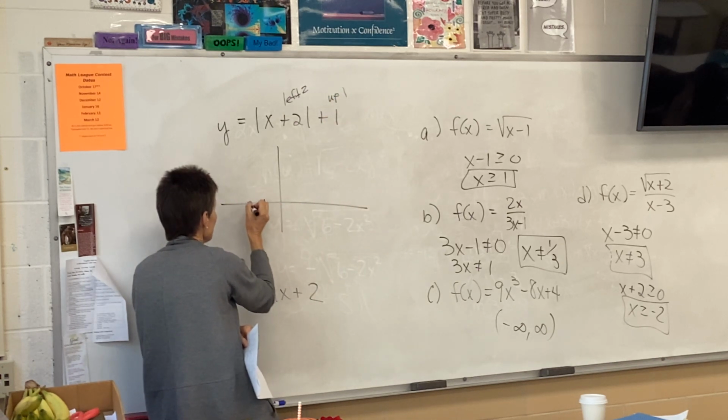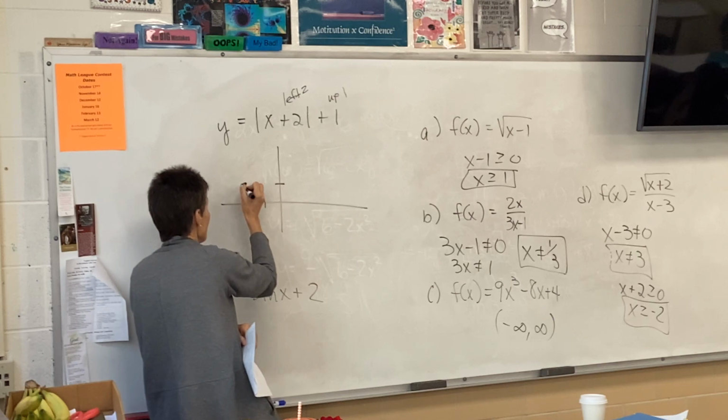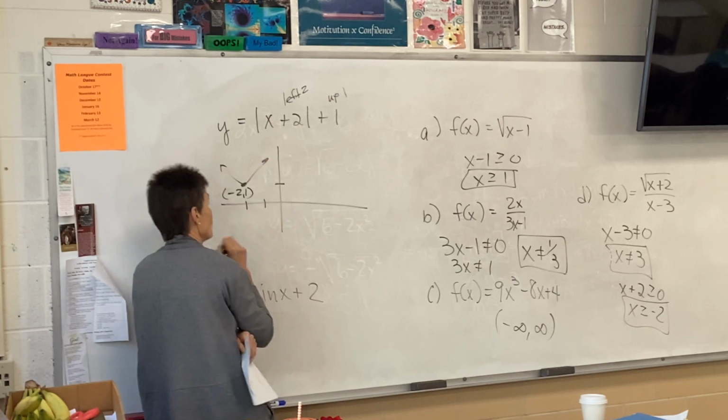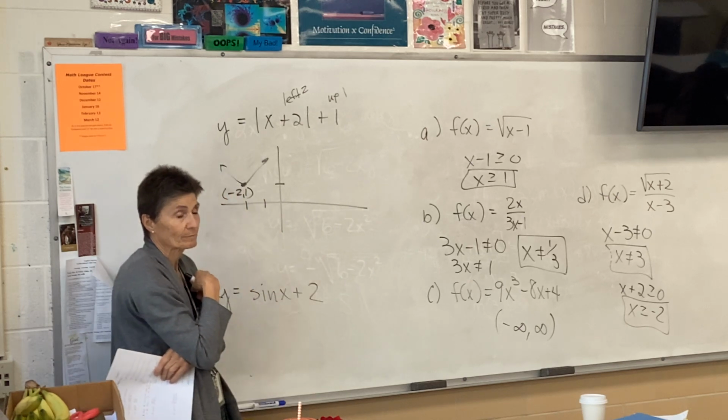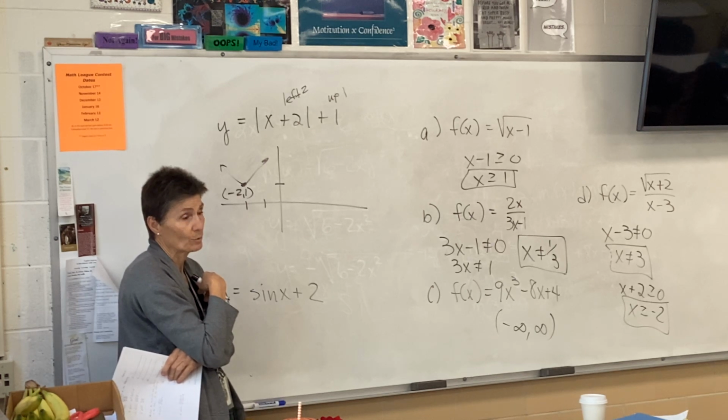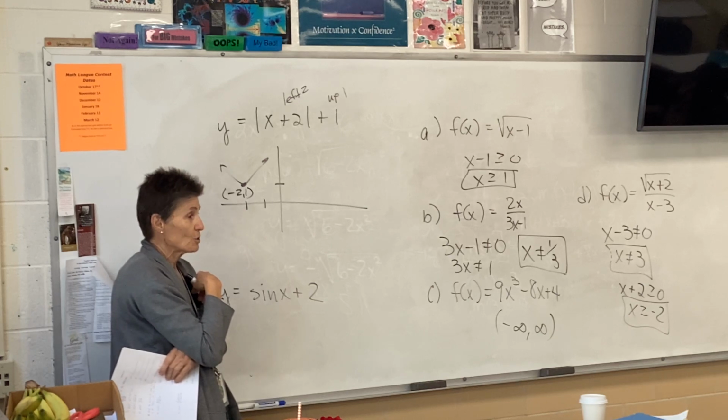So left 2, up 1, label that point, -2, 1, and draw in your V. Nothing hard about that, except you gotta know the rules and the shapes.